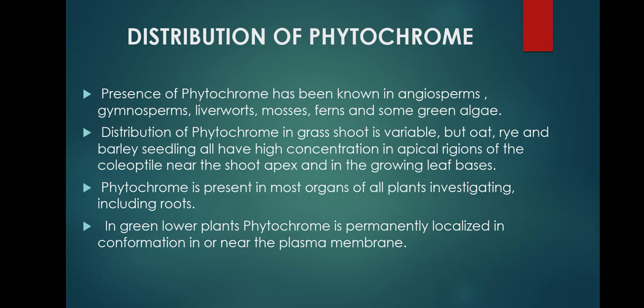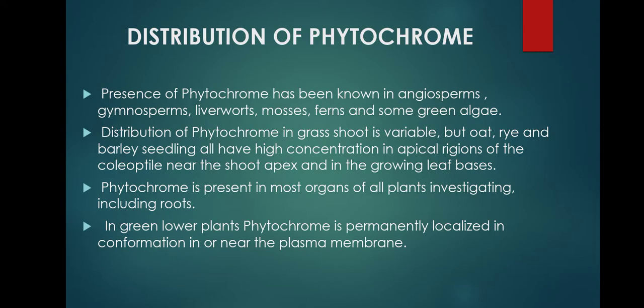The distribution of phytochrome in grass shoots is variable, but oat, rye, and barley seedlings all have high concentration in the apical regions of the coleoptile, near the shoot apex and in the growing leaf bases.